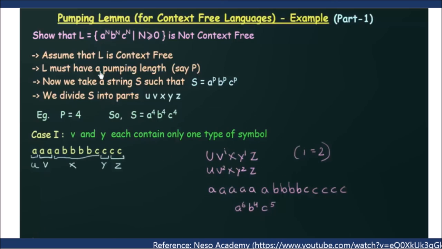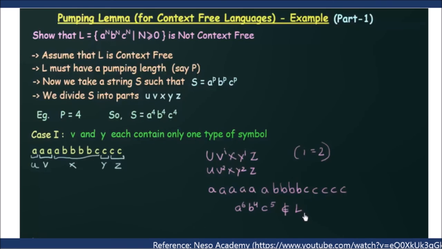The rule of our language said that the number of A's, B's and C's should always be the same. But when I divided my string into U, V, X, Y and Z and raised V and Y to the power of 2, the resulting string has different numbers of A's, B's and C's. So this does not belong to the language L.